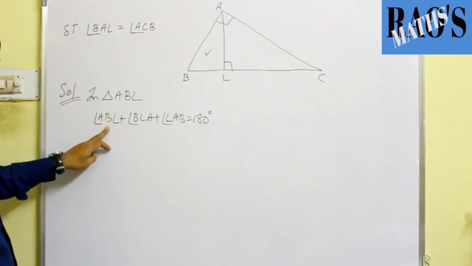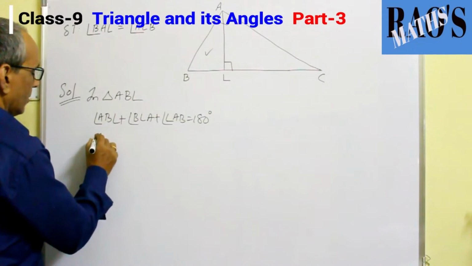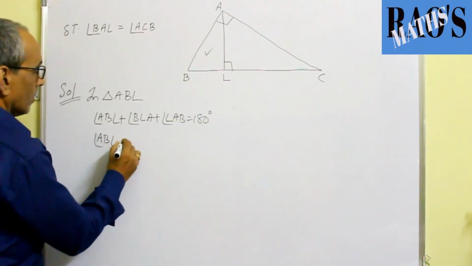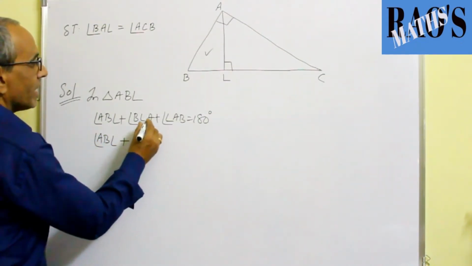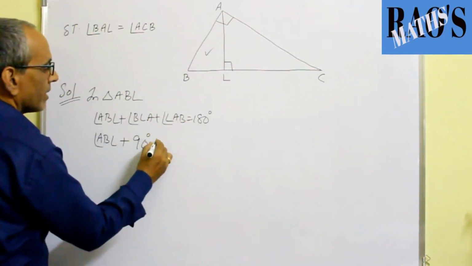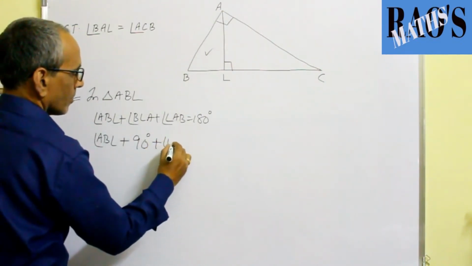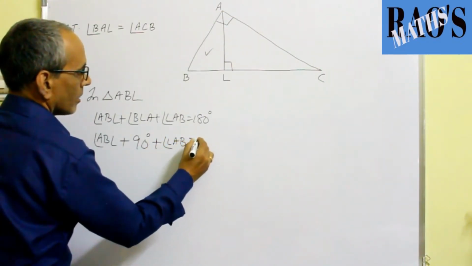Angle ABL plus angle BLA, which is 90, plus angle LAB, which is unknown, is equal to 180.